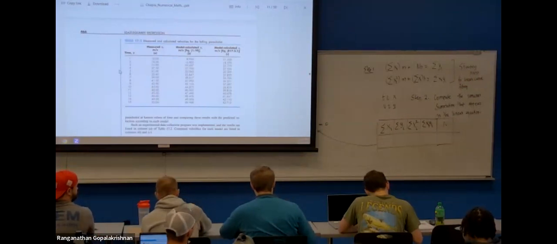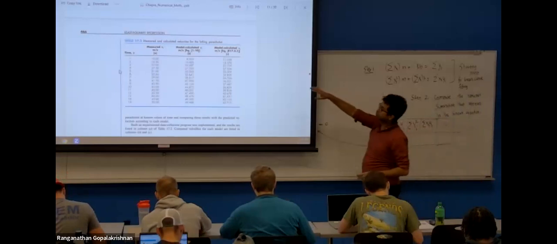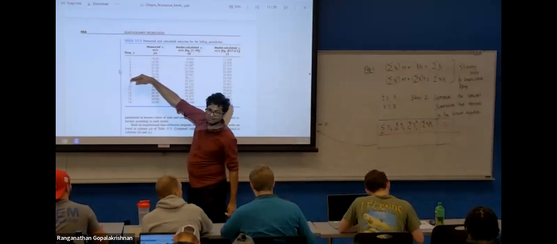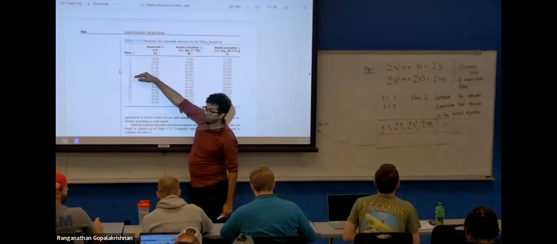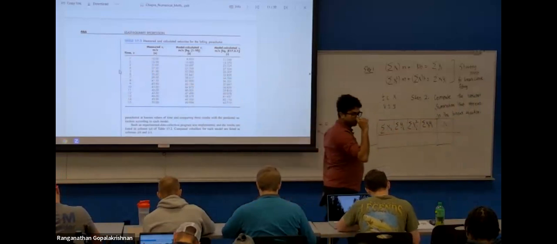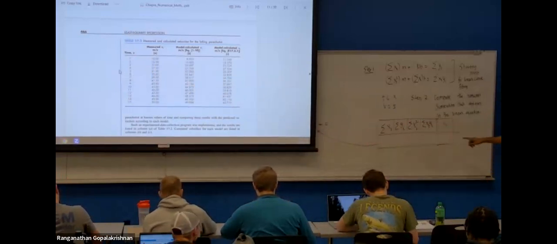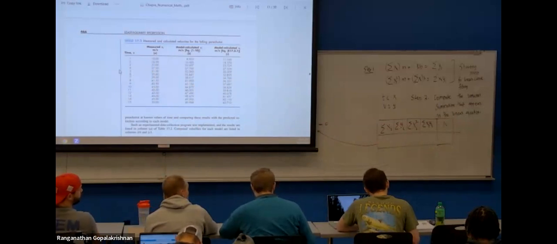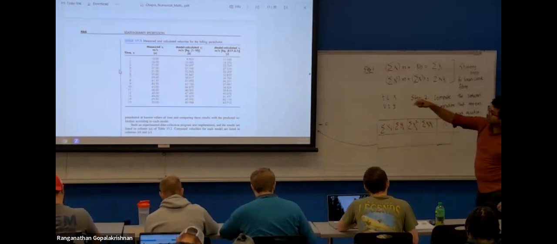In the exam, if I give you a problem, probably there won't be more than 5 entries. I won't torture you by giving you 20 entries. Just maybe 5 entries. But this table is important. This is what we are really looking for. Okay. So what is sigma xi?